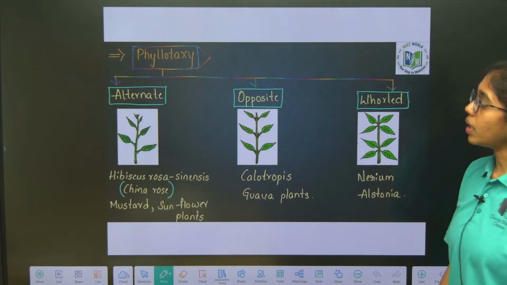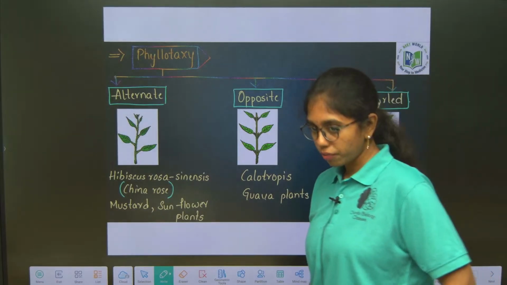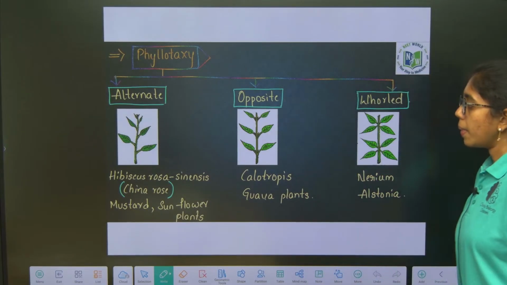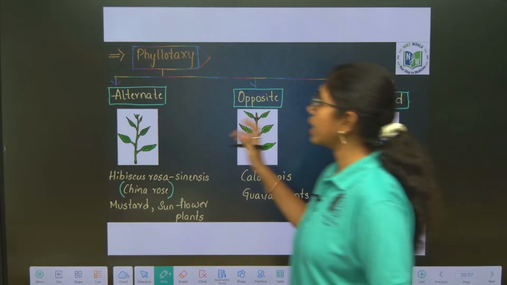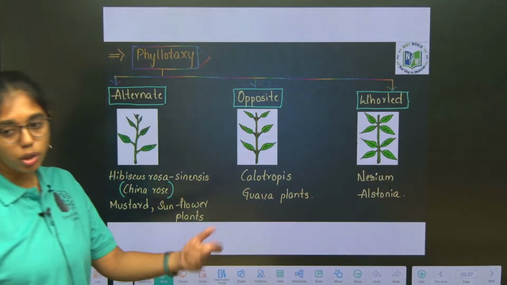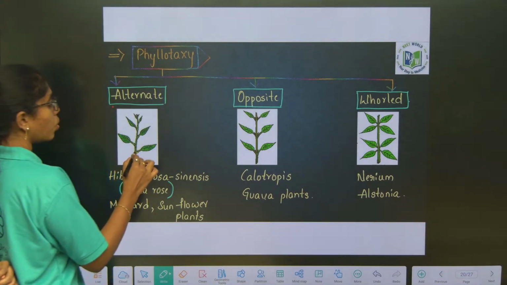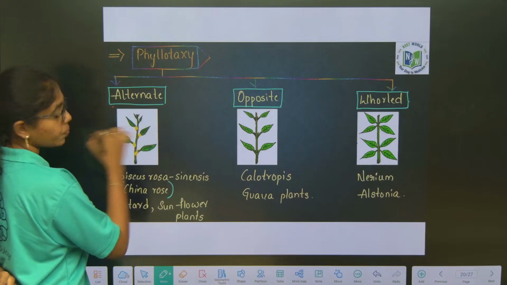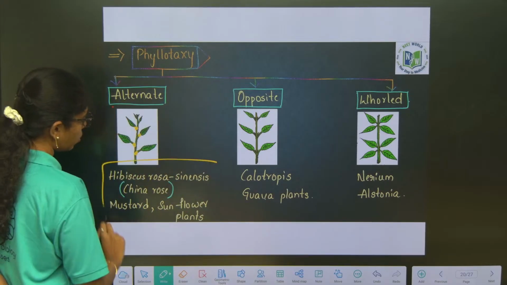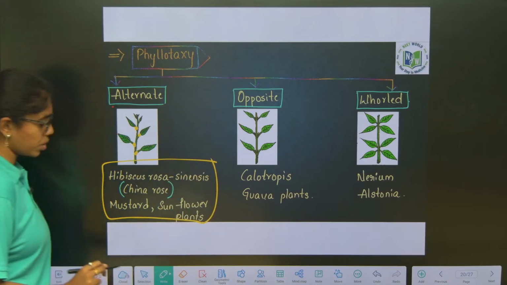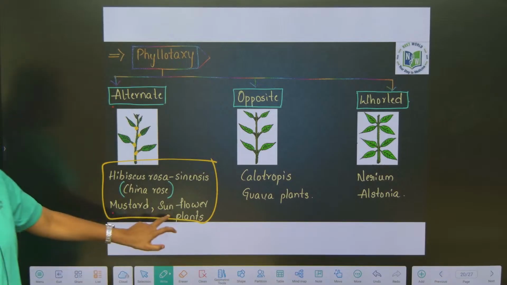Phyllotaxy. Okay, what is phyllotaxy? Arrangement of leaves and leaflets on the branches of the stem or on the nodes of the stem. First is alternate phyllotaxy, where at each node a single leaf arises. Best examples include Hibiscus rosa-sinensis, that is China rose, mustard and sunflower.